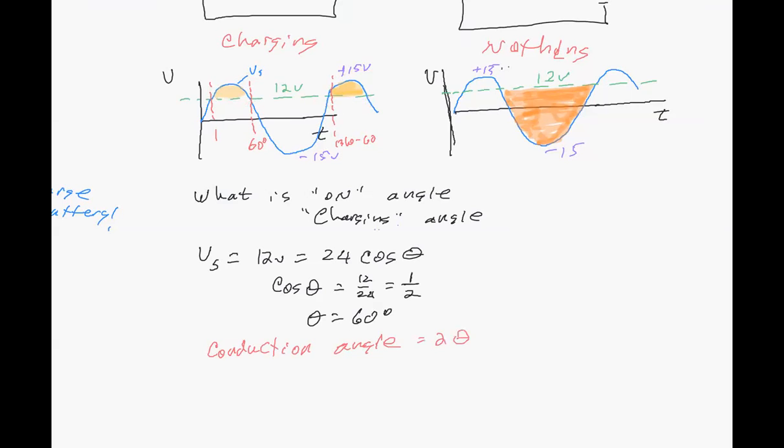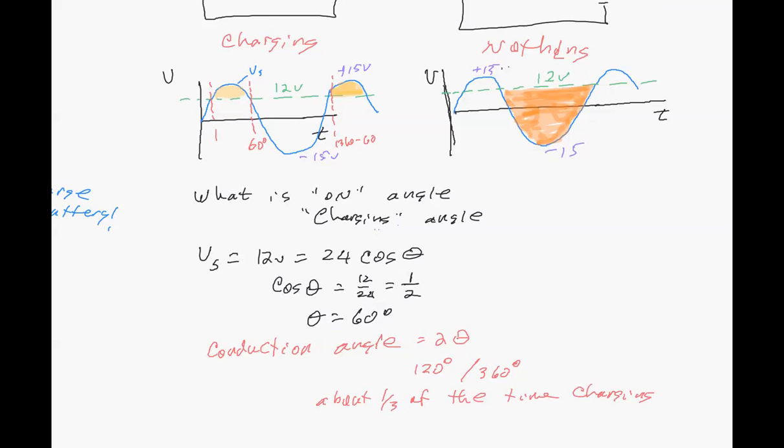So we'll be charging for 120 degrees out of 360 degrees, or about 1/3 of the time. So that sounds kind of silly. Sounds like a waste, but at least we are charging, right? So at least it's got this case where it is actually charging.